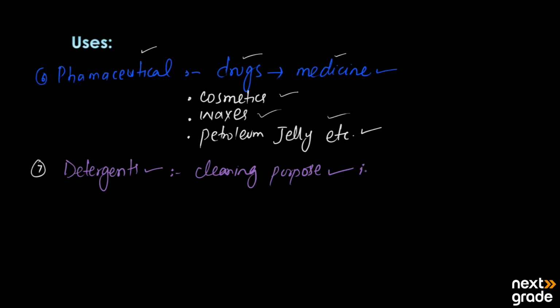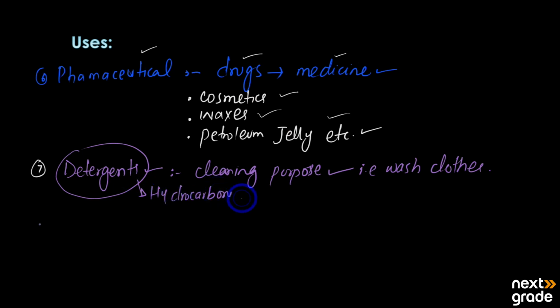For example, to wash clothes we use detergents at home, and detergents are mainly made from hydrocarbons. The last use is the manufacturing of many chemicals.